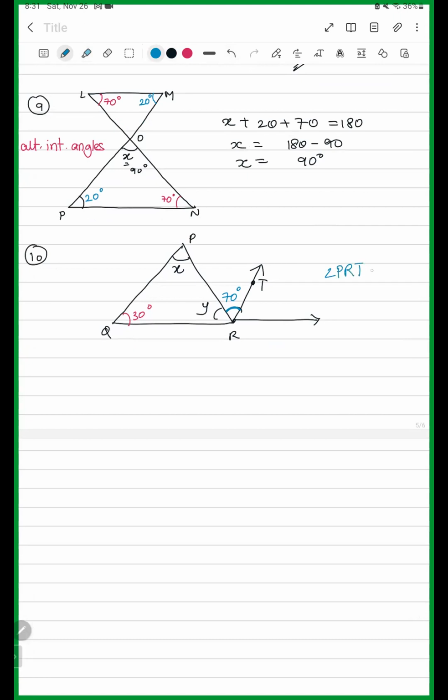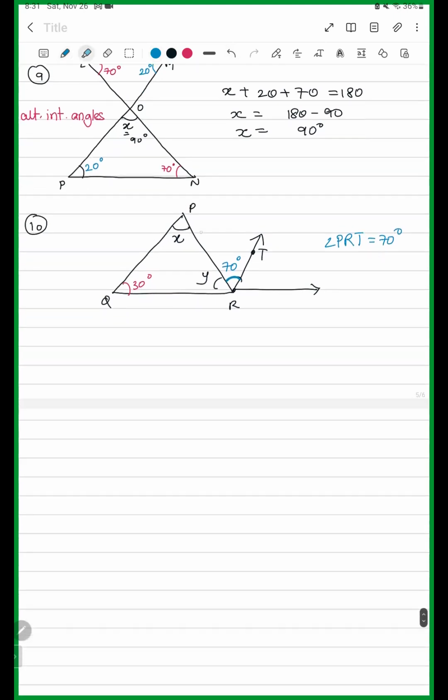Now can you see it? Just so that you don't get confused, this is the angle PRT. Or maybe I should make it like this. It'll be better. Fine. Yeah. All right.